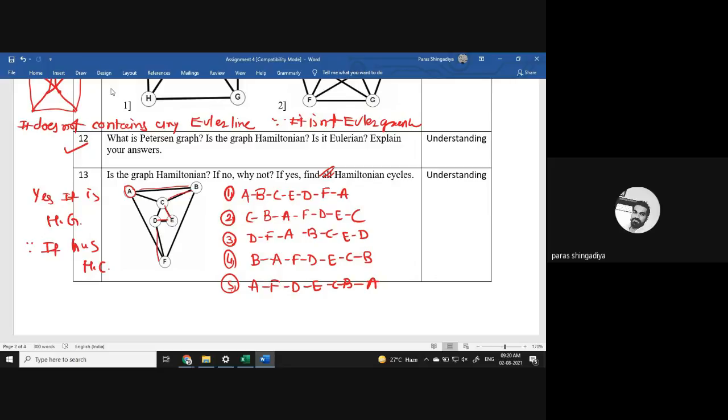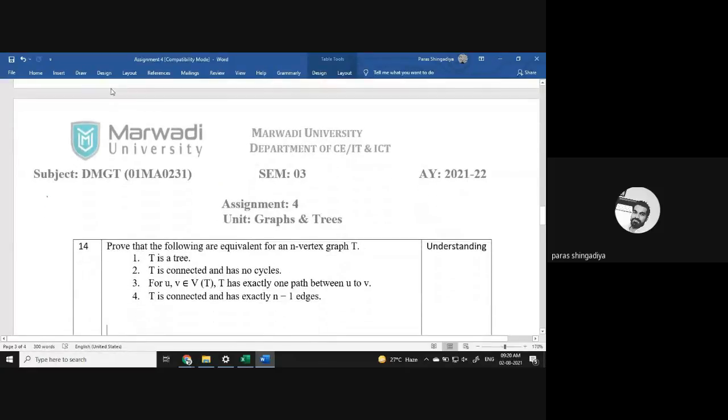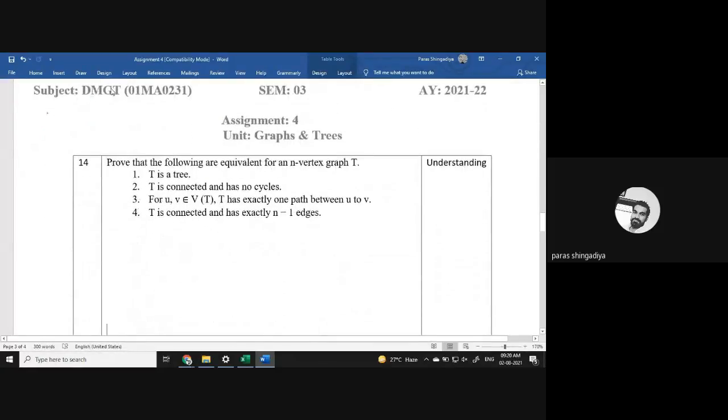Is there any doubt up to the 13th example? No reply.